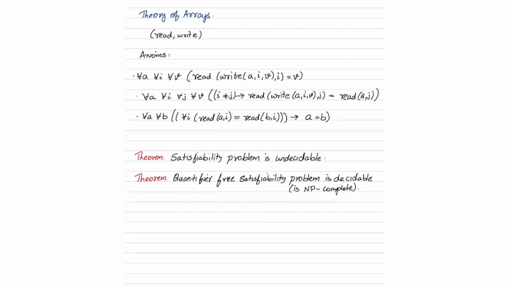So the next thing we can think about is logics which are specifically designed for a particular domain, for verifying a particular type of systems. Let me give you an example of the kind of system that you might want to verify or prove correctness for. These are called reactive systems.